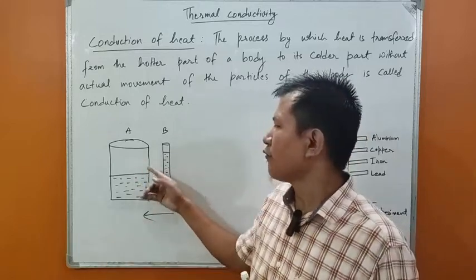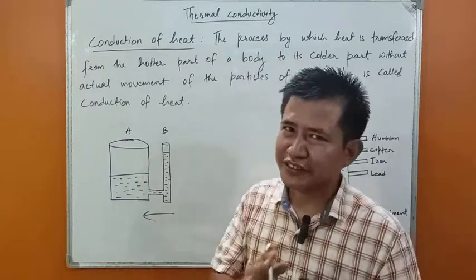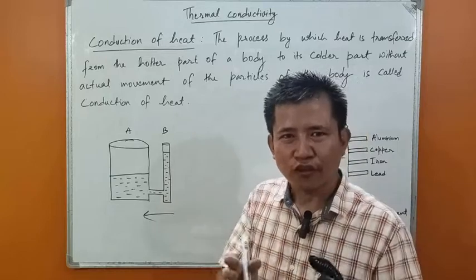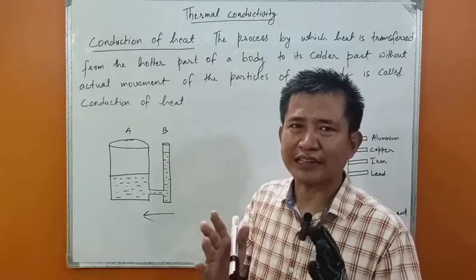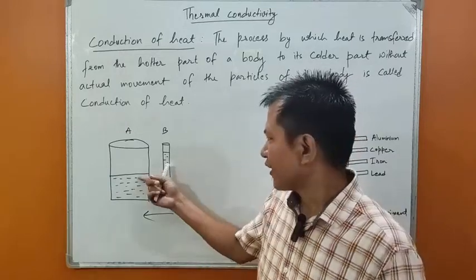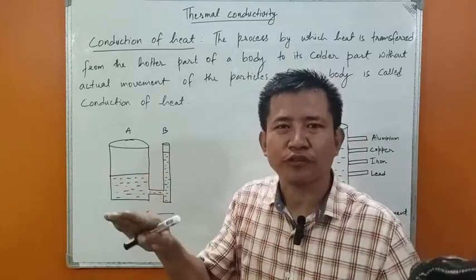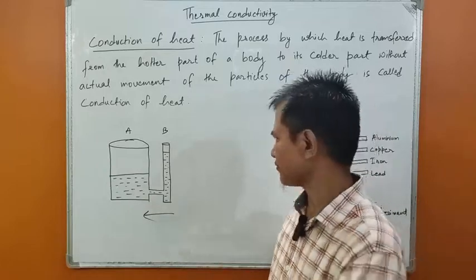When the level of water in both the cylinders is equal, then the water will cease to flow. The water will no longer flow. The water will become stagnant, which means the water will stop flowing. Are you getting me? I hope you got this.